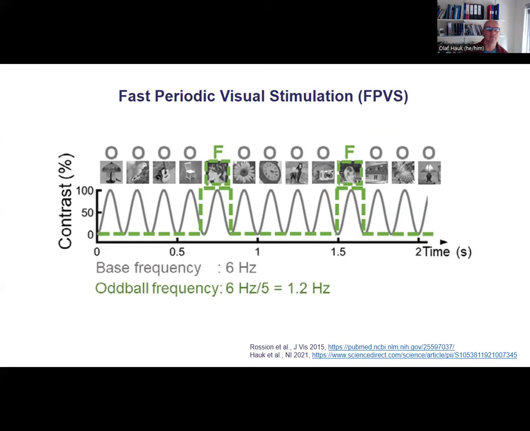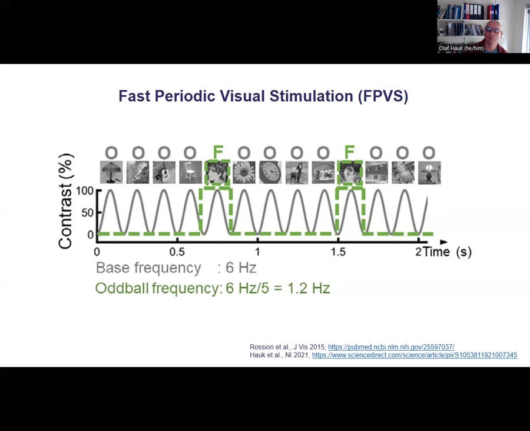And if the brain can discriminate between these objects and faces, then you should get a face discrimination response at 1.2 hertz in the brain. This should be specific to the discrimination of faces from other objects. So other confounds are very unlikely to produce a peak at 1.2 hertz.